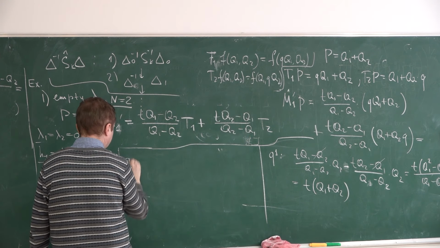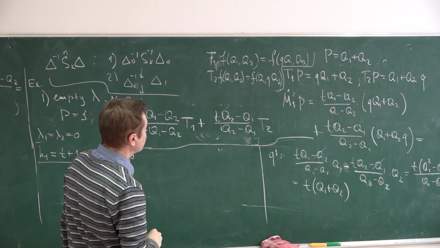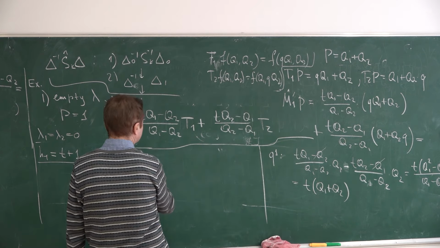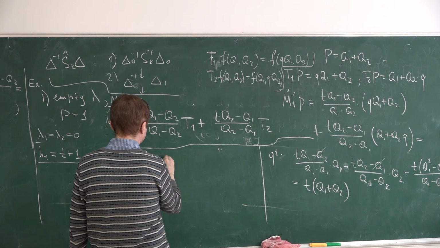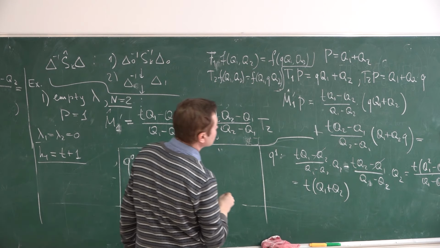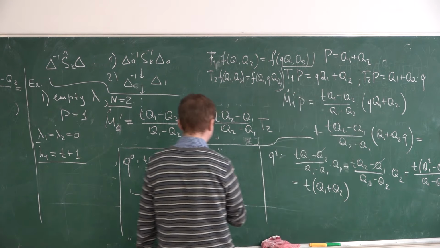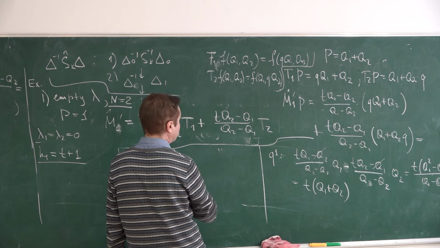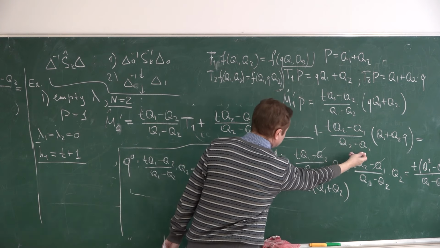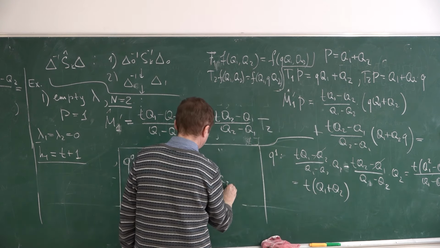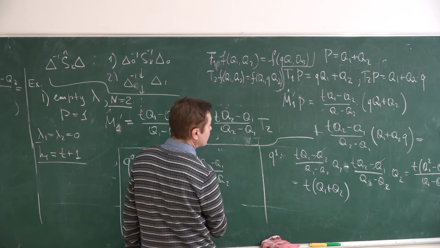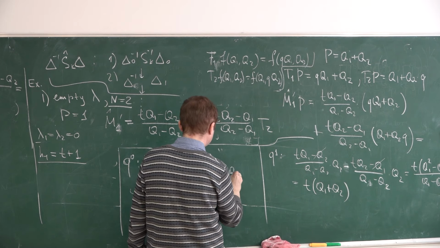And now let us look at the order q to the power zero. In the order q zero, we multiply this coefficient T Q1 minus Q2 over Q1 minus Q2 by Q2, minus, I put minus and change the sign here, T Q2 minus Q1 multiplied by Q1.